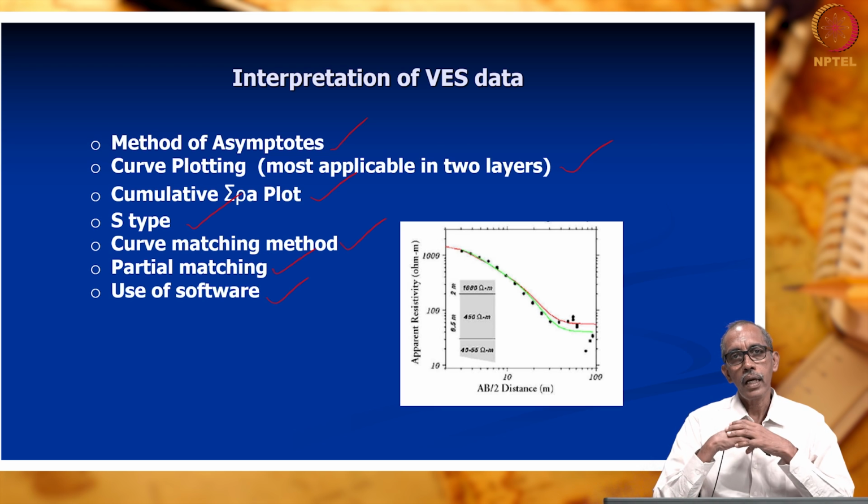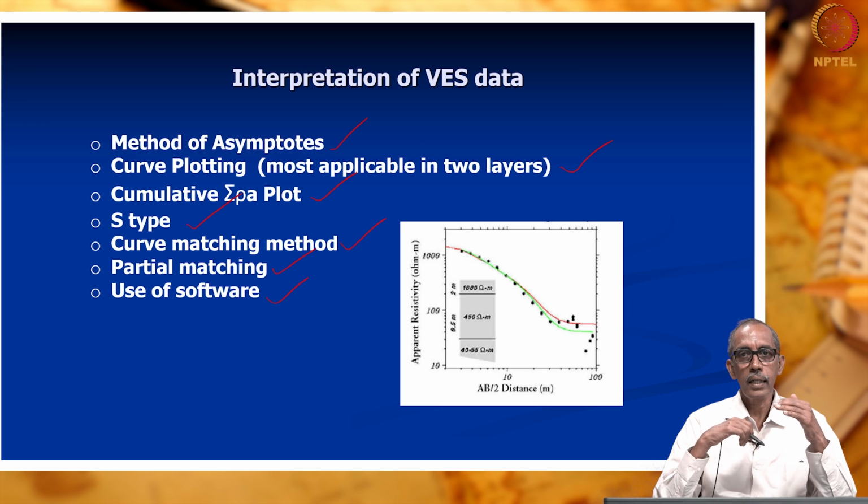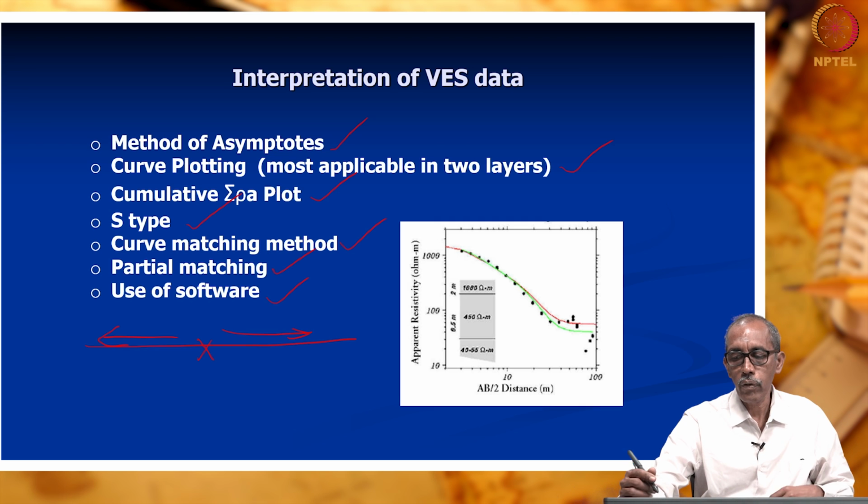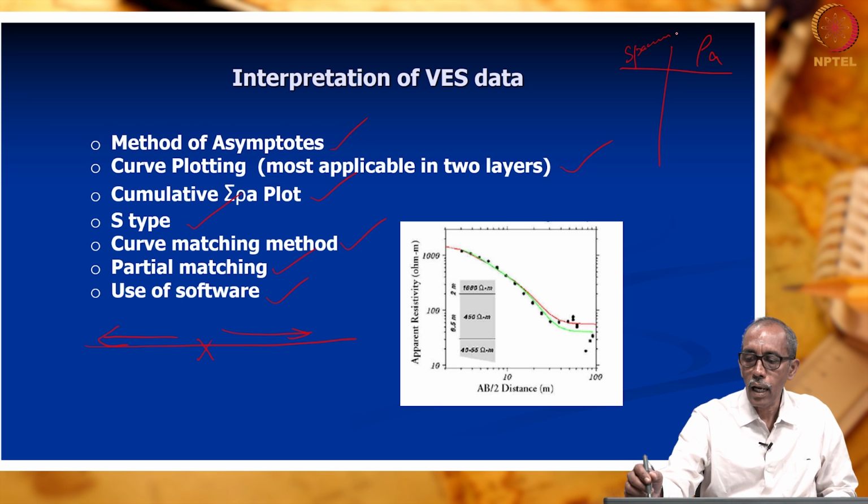Actually, what we are trying to carry out from vertical electrical sounding is, during the field survey, we conducted the sounding by keeping the center point of the spread constant, and we progressively moved the electrodes on either side, as I have drawn here, which means we have acquired data of electrode spacing versus rho A. So, this data of electrode spacing and rho A can be plotted like this.